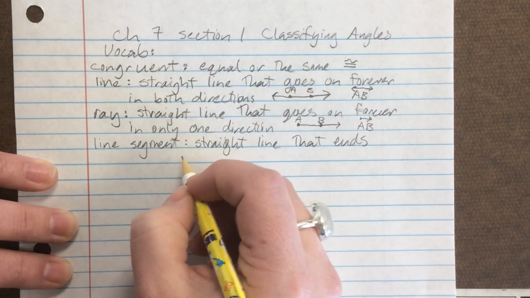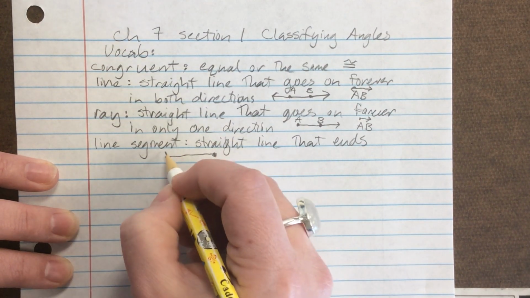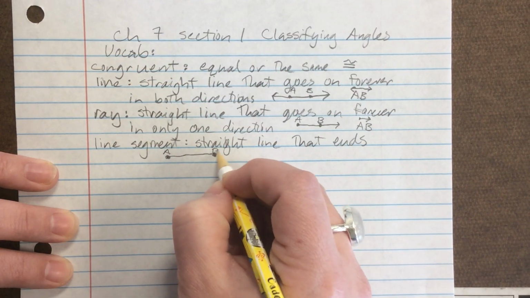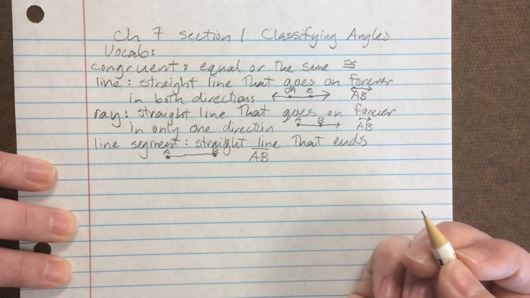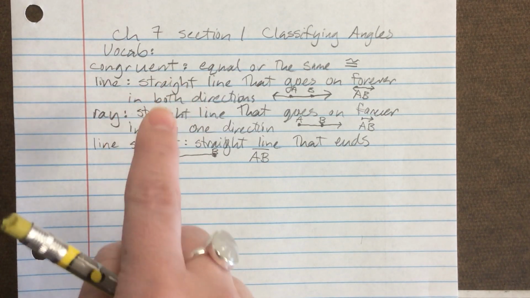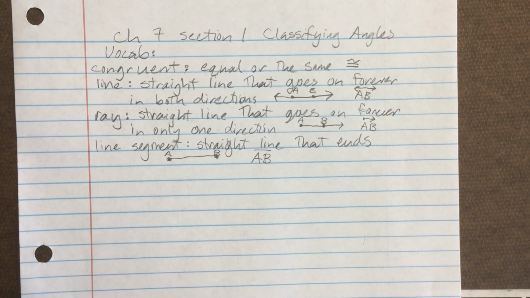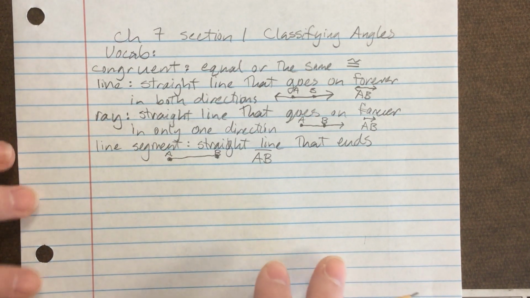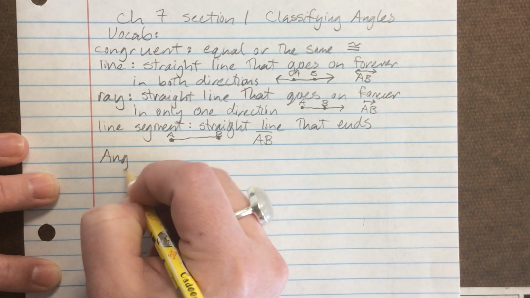It has endpoints, and so usually a line segment will look something like this, and you'll have your points labeled, and the symbol for this one is just going to be AB with a line over it, and we don't actually put the points. We assume because it doesn't have arrows that it doesn't go on forever. So this would be line segment AB. Okay, so there's one problem on Alex that has you label those things. So hopefully now that you've seen it and or heard it, you've got that much. Okay, next up, let's talk about our angles.